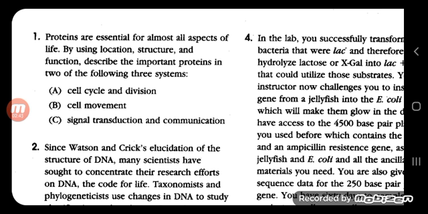And then they're going to talk about proteins used in mitosis. Centrioles are arranged in 9 plus 2. We know what 9 plus 2 is: 9 triplets of microtubules in a ring.